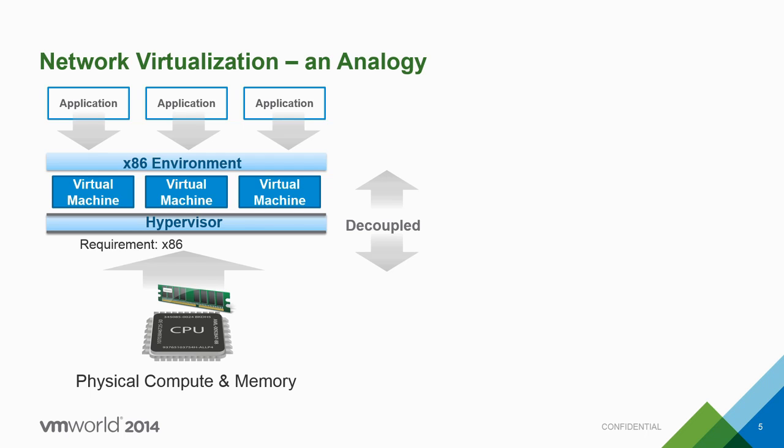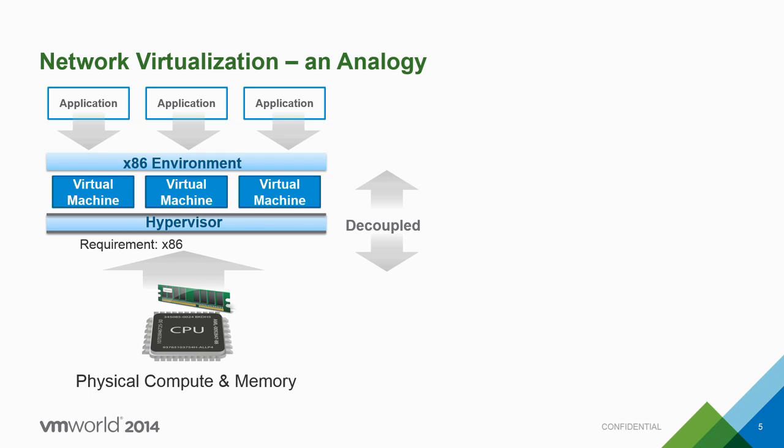Then you put a software layer on top of that basic hardware, and that virtualizes it. Above the software layer, the hypervisor, you can create virtual machines which are completely decoupled from the underlying hardware. They're decoupled to such a good extent that you can pick up a virtual machine and move it somewhere else. You can swap out the hardware and bring in new hardware and keep the virtual machine running.